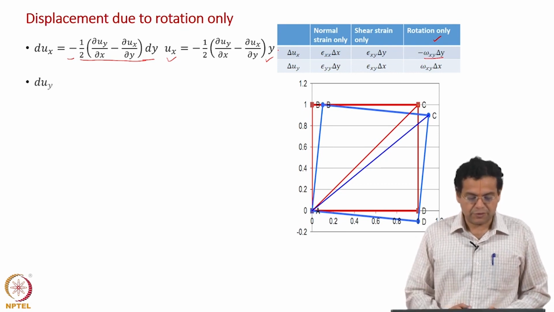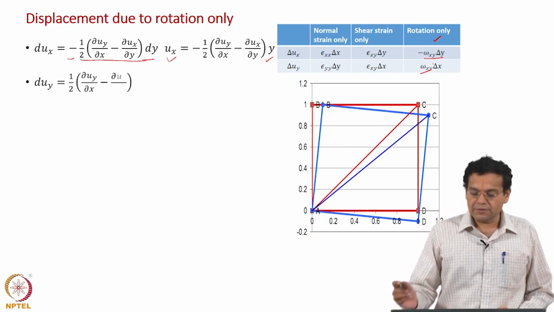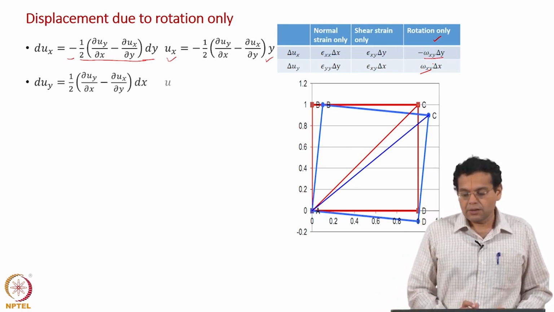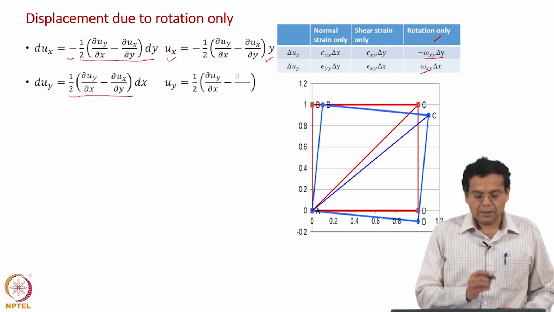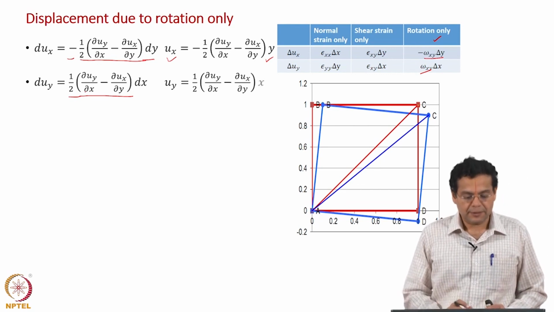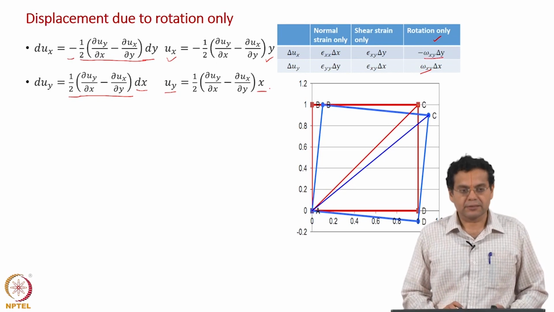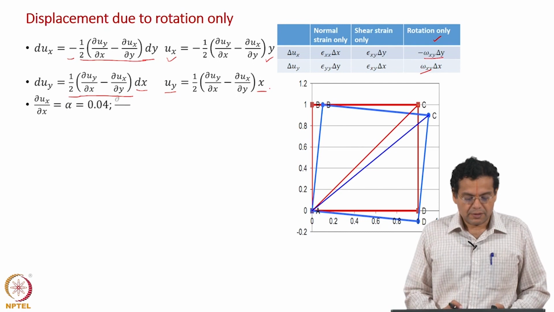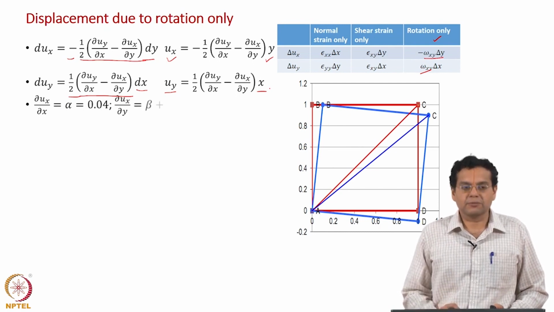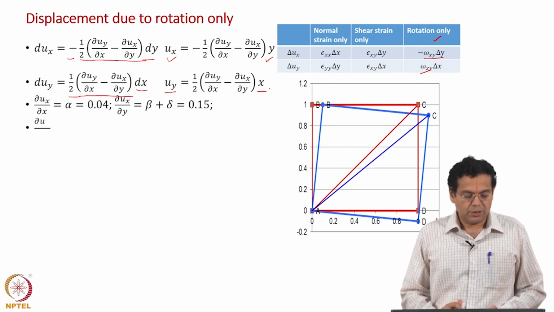Let us write down for dy from this entry in the table, which is just plus omega xy multiplied by dx. So once again this becomes uy, right hand side becomes x. Now let us get all the derivatives. That is why we calculated all these derivatives to begin with. We require them several times, so it becomes handy to calculate and keep them ready.